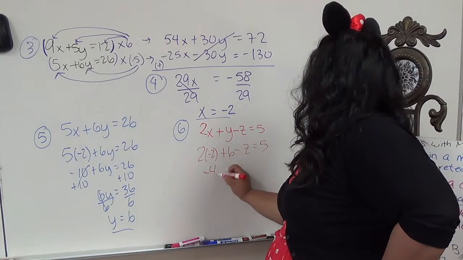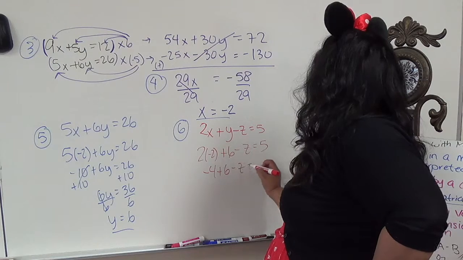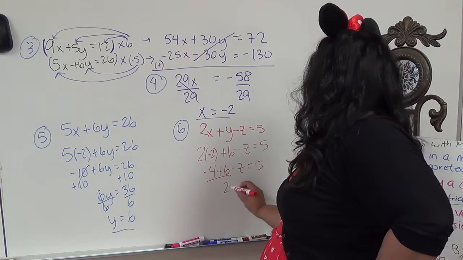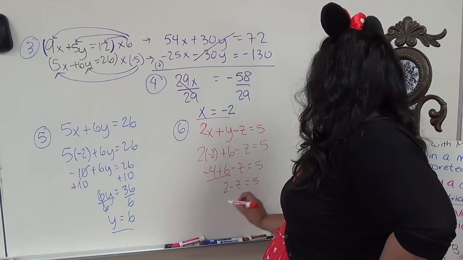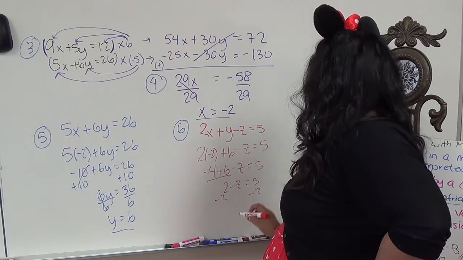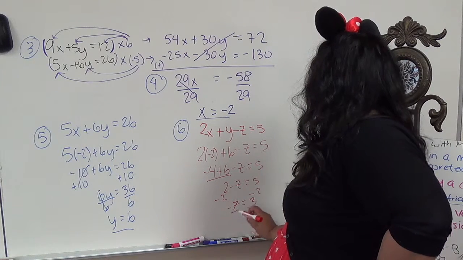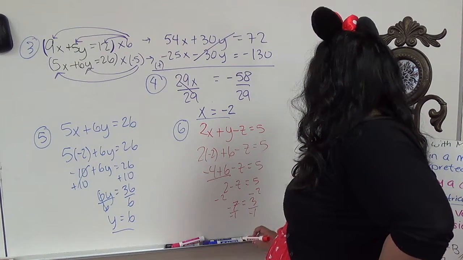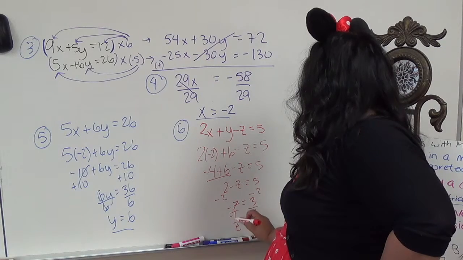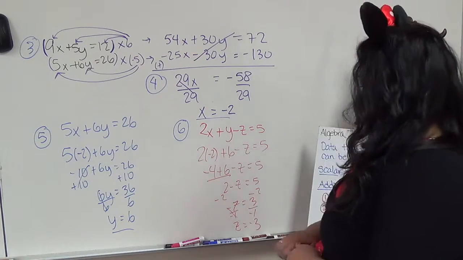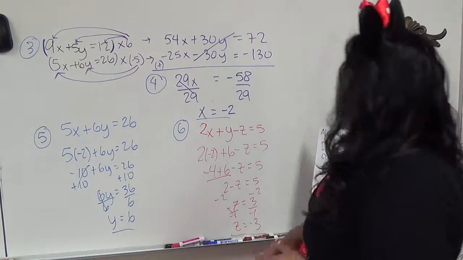This is -4 plus 6 minus z equals 5. This becomes +2 minus z equals 5. I'm going to subtract 2 from both sides. I end up with -z equals 3. Then divide by -1. I end up with z equals -3. And here is my third variable.